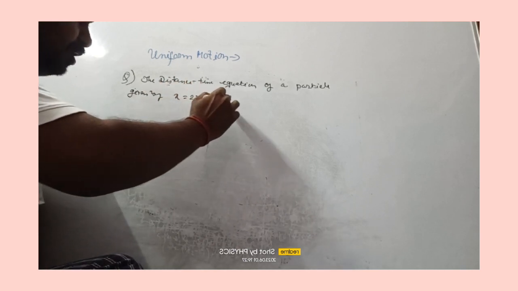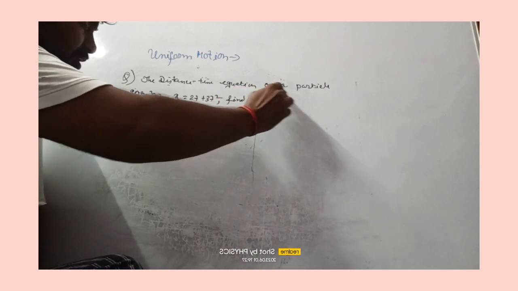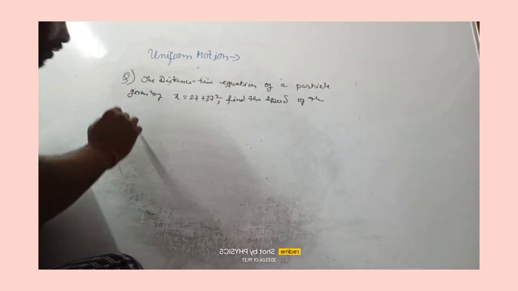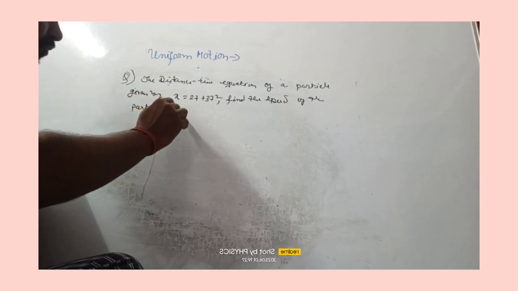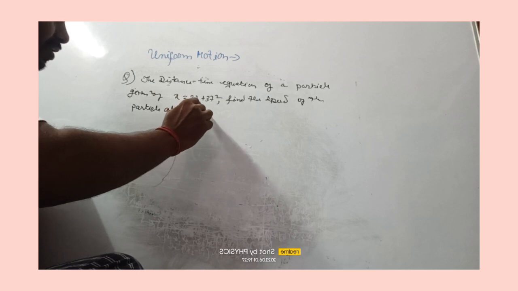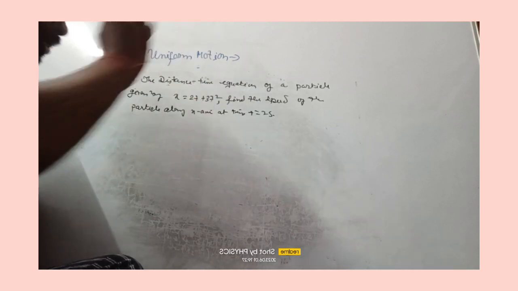Now find the speed of the particle along the x-axis at time t equals 2 seconds.